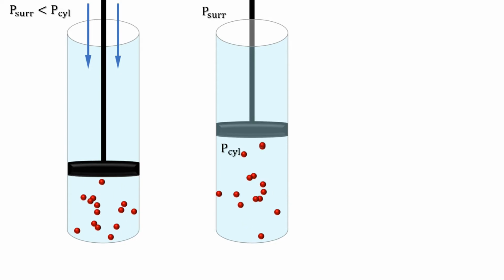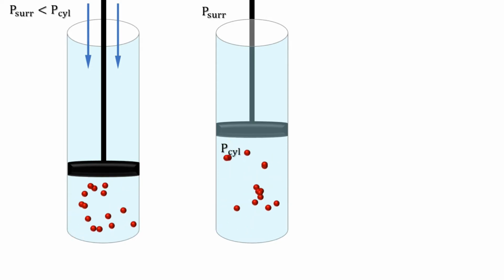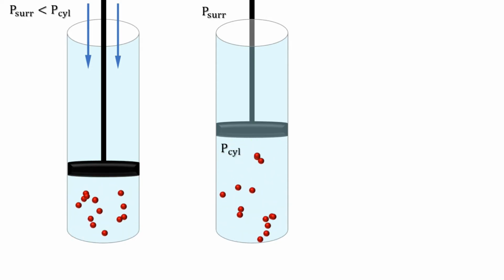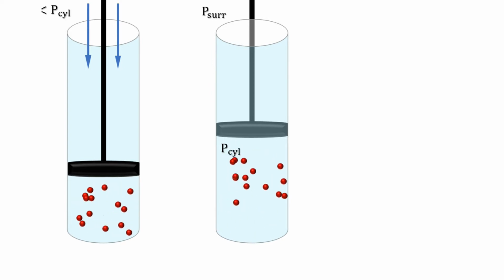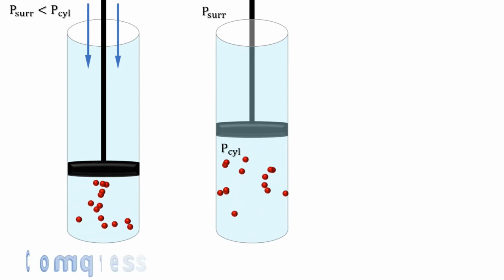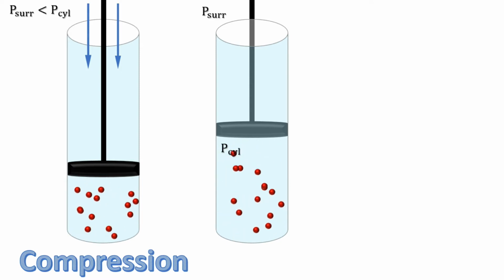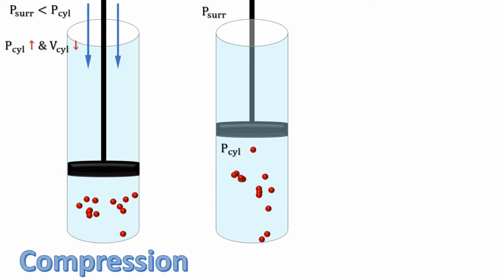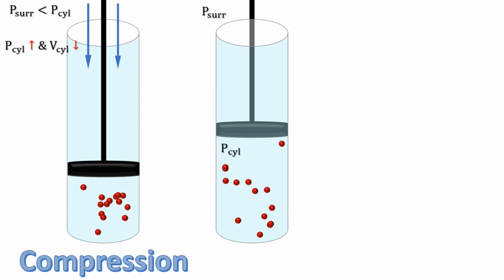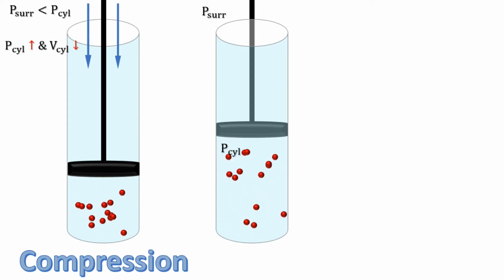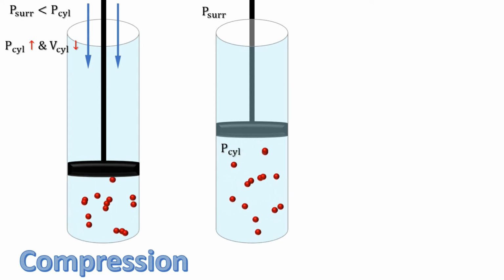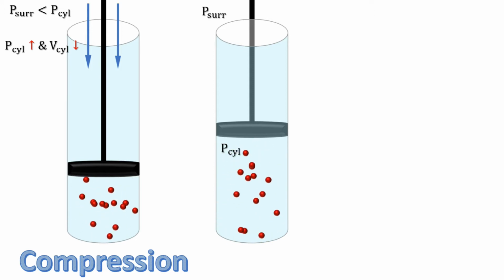That means the pressure of the cylinder has increased due to the compression, and this increase in pressure corresponds to a decrease in volume. As you can see, there is less space for the particles to move.